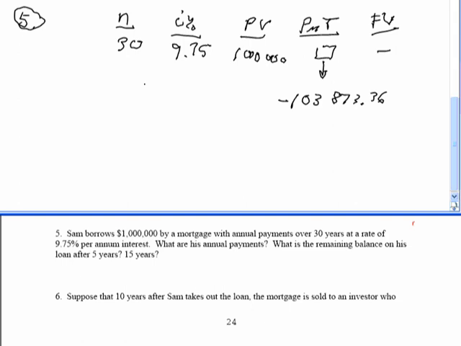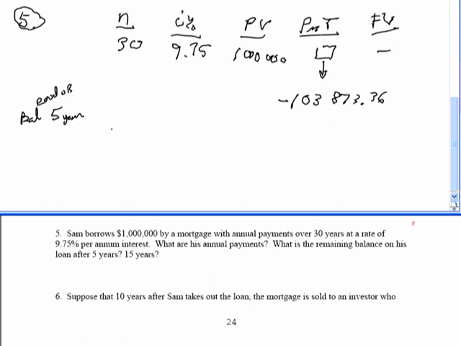Now to calculate the mortgage balance at the end of the 5th year, we're going to use that rule of thumb that we talked about in the notes, that the balance of a mortgage at any point in time is just the present value of the remaining mortgage payments that are due, discounted at the mortgage contract interest rate.